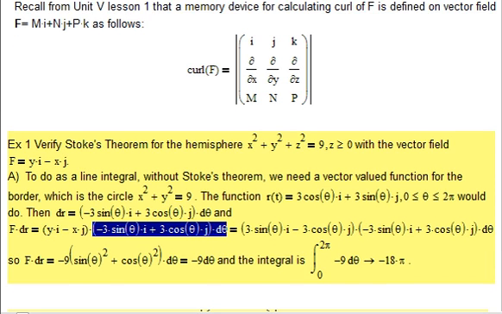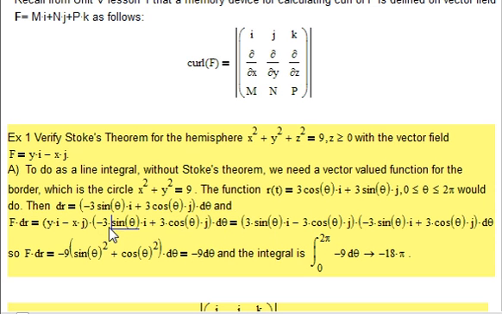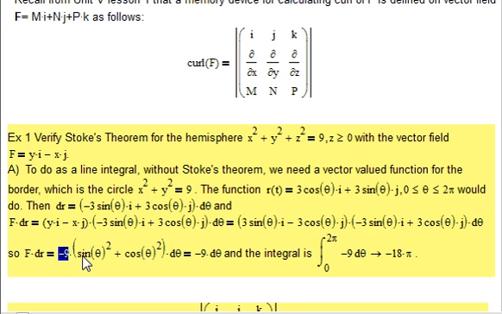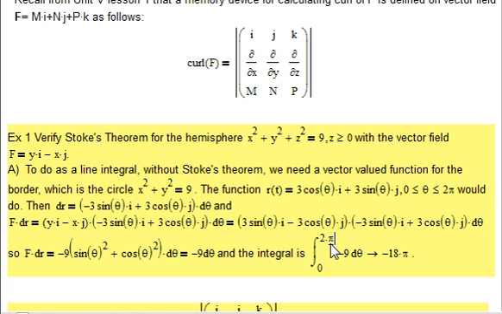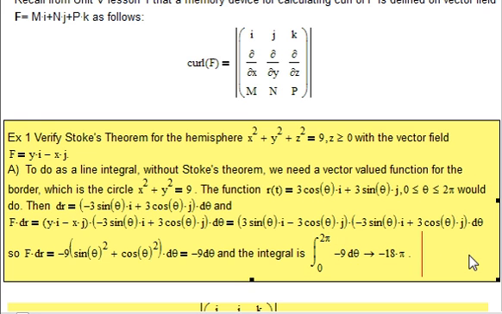We wind up with this times this is negative 9 sine squared theta, and this one times this one is negative 9 cosine squared theta. So we wind up with negative 9 factoring out, negative 9 times sine squared theta plus cosine squared theta, so it's just negative 9 d theta, and the integral is 0 to 2 pi, remember it is a circle after all, negative 9 d theta, which is negative 18 pi.